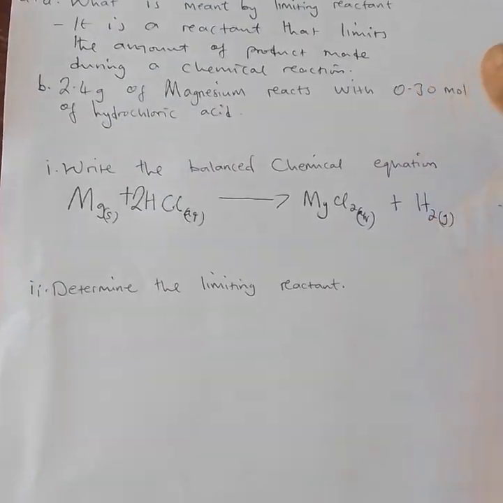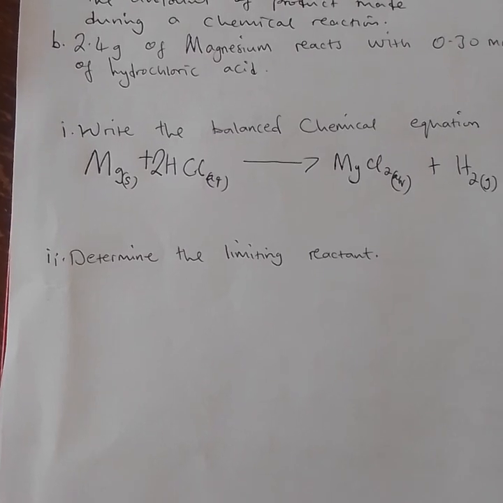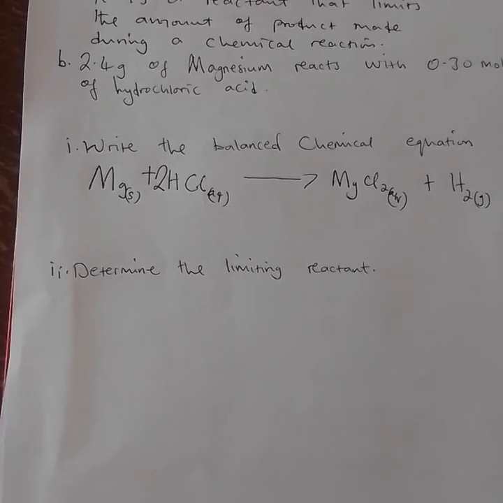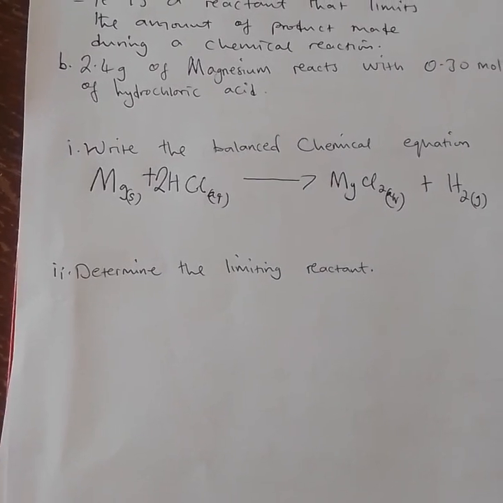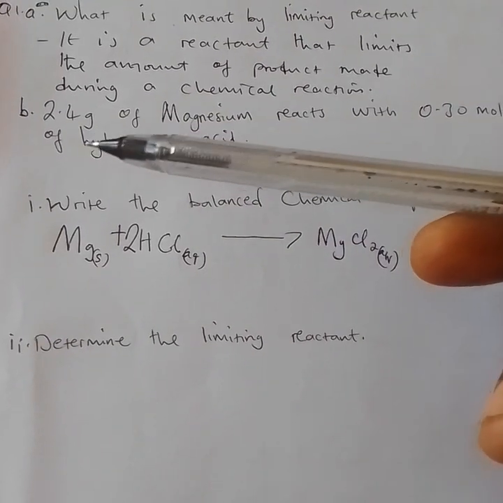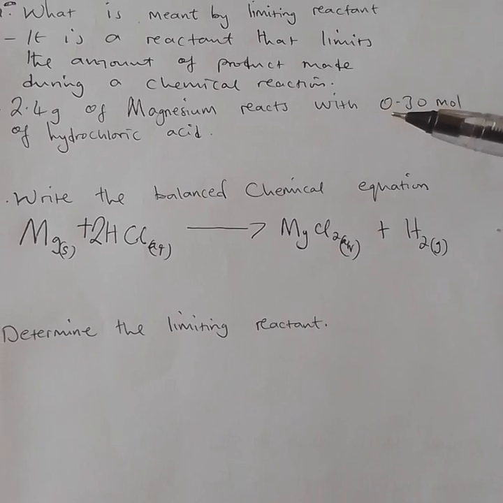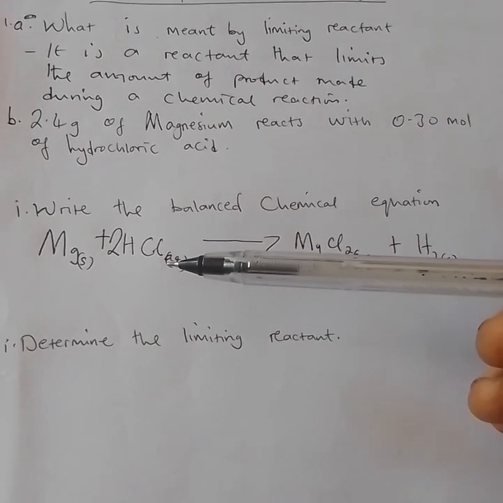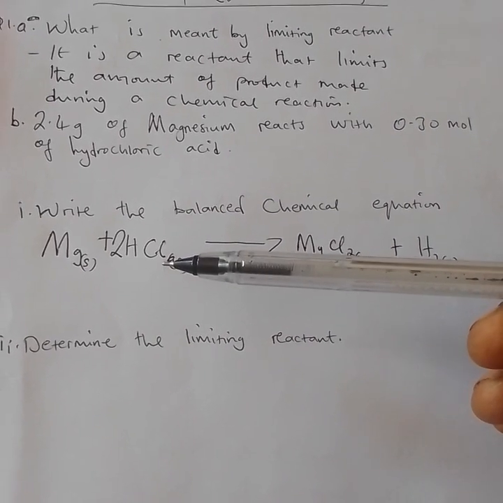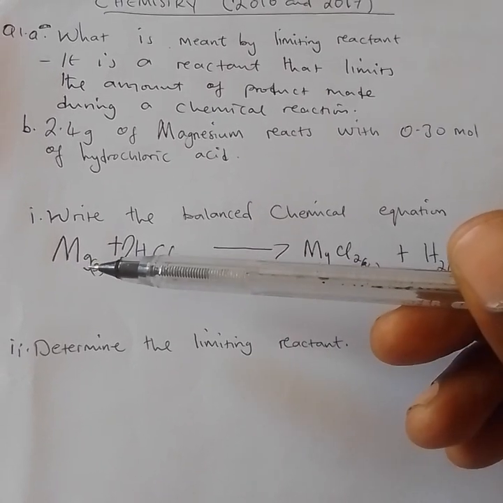So that is done. Your next question says determine the limiting reactant. In our question we have 2.4 grams of magnesium reacting with 0.3 moles of hydrochloric acid. So we have the moles of this and the mass of this.